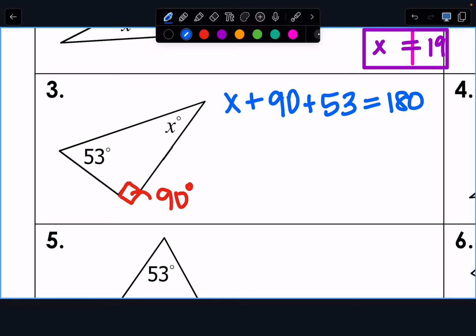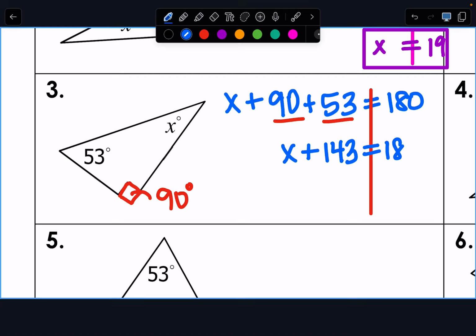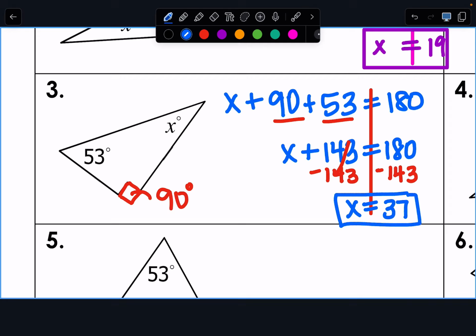Okay, there we go, Thomas. So help me out, 90 plus 53. I see. What should I do with 143? Oh, minus 143. Cool. Do you have that number? 31. Do you agree with that?